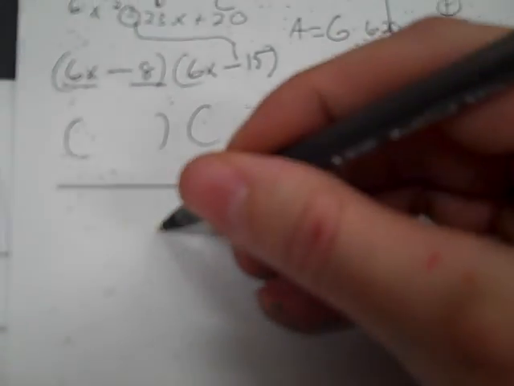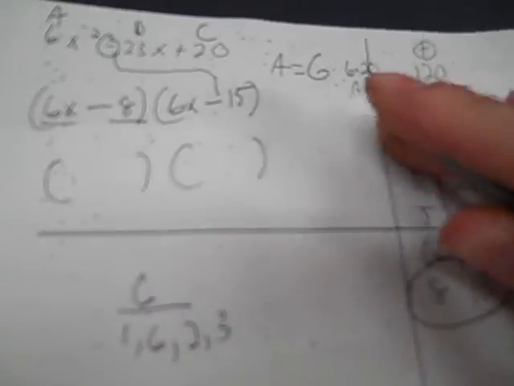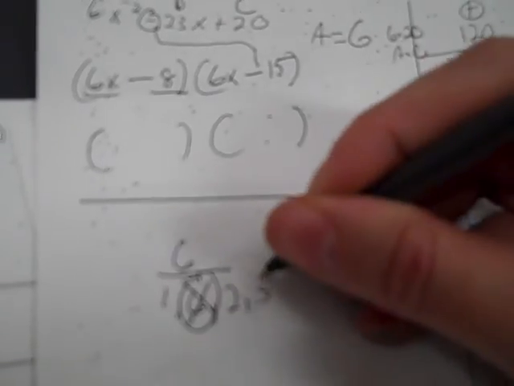Okay, let's talk about 6. So 1, 6. 2 and 3. Then I just come back to 3. So let's try 6, okay? It's 1. 8 divided by 6, decimal. Okay, 6 won't work. 2, and 8 divided by 3.